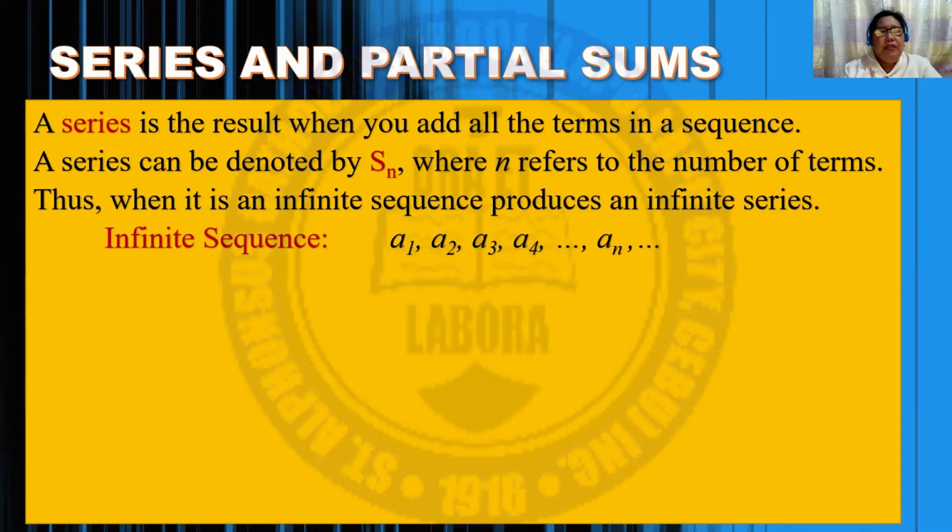For example, you have an infinite sequence represented by a sub 1, a sub 2, a sub 3, a sub 4, and so on until a sub n. So for the infinite series, we have a sub 1 plus a sub 2 plus a sub 3 plus a sub 4 plus a sub n, and so on.